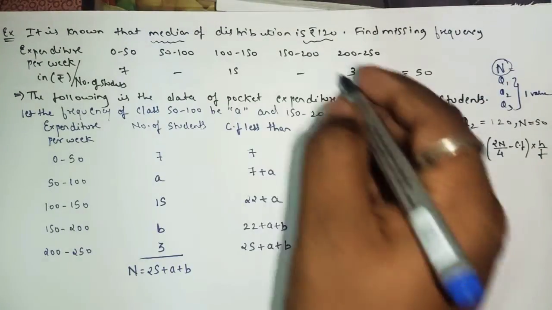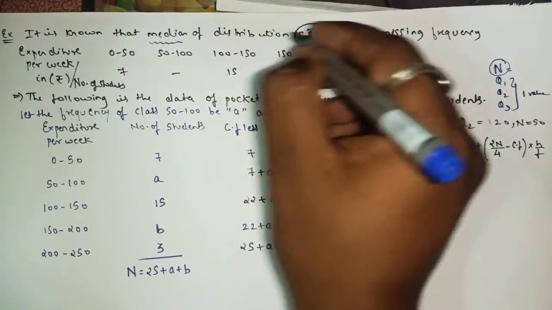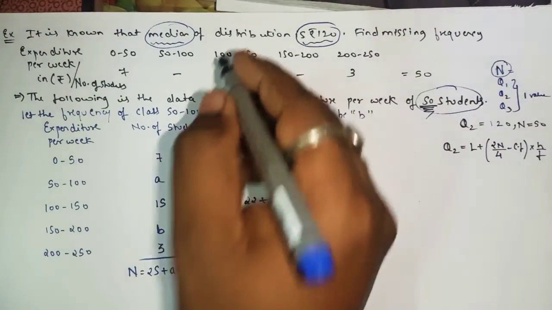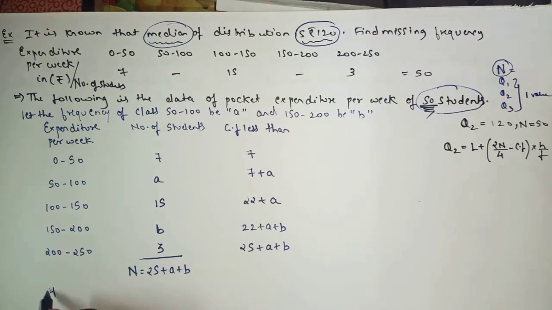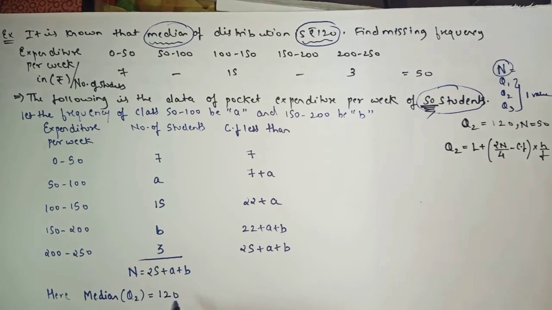Now, as we can clearly see in this question, we have two given values. One is for the median, so here we have the median value. Yes or no? The median is known as the second quartile, which equals 120.